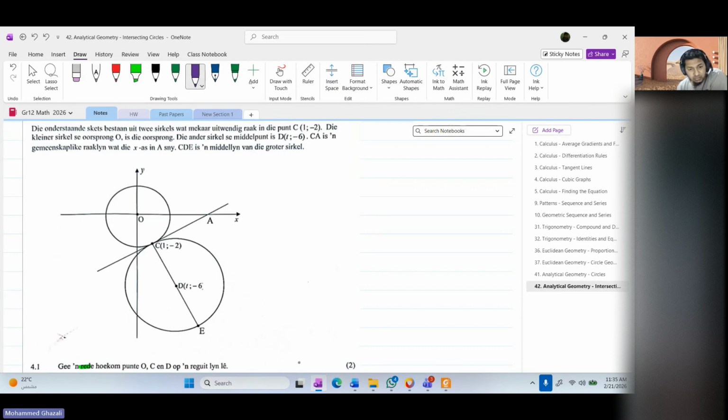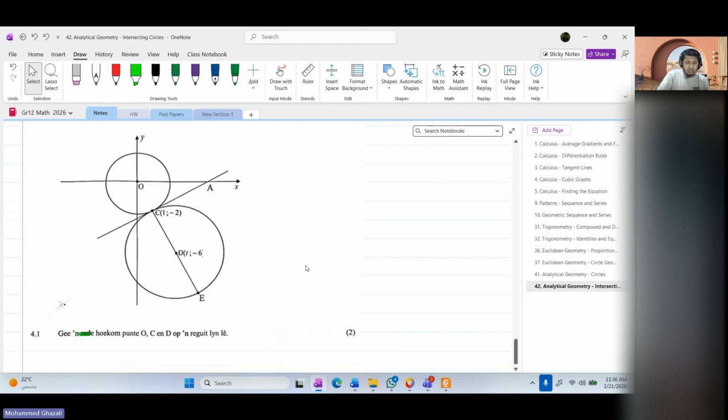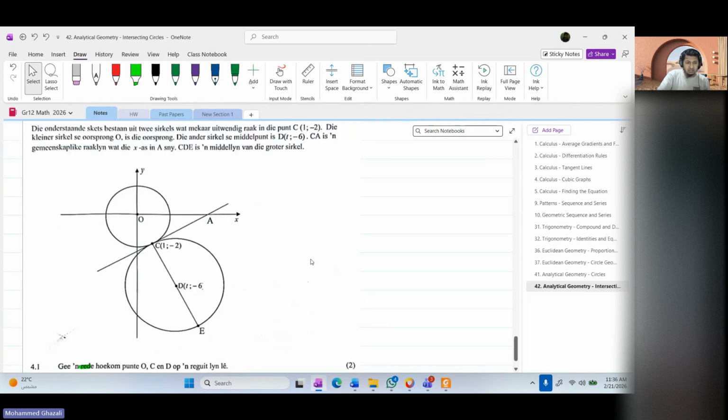Give a reason why point C and D lie on a straight line. Because isn't it a diameter? They told us that CD is the diameter of the bigger circle, and that's a tangent. Tangent and diameter.